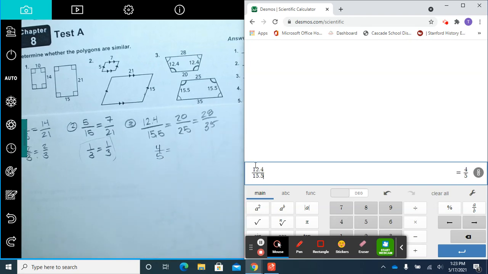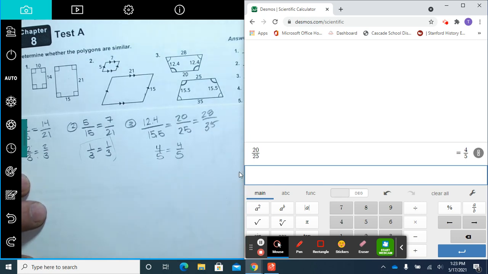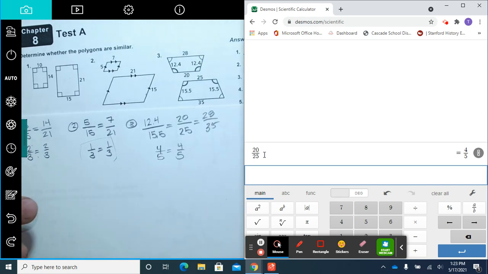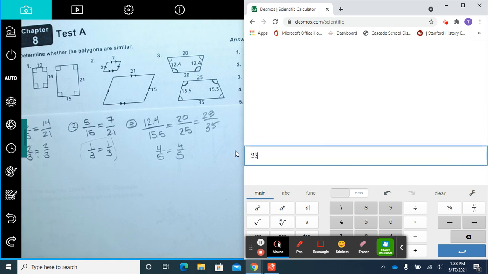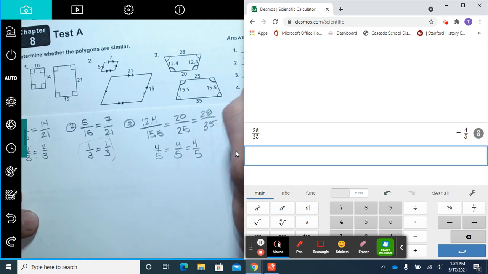And then 20 divided by 25, which is 4/5. Okay, things are looking good. Things are looking really good. And my last one is 28 over 35, which is 4/5. So yes, these are similar, and we have a scale factor of 4/5.